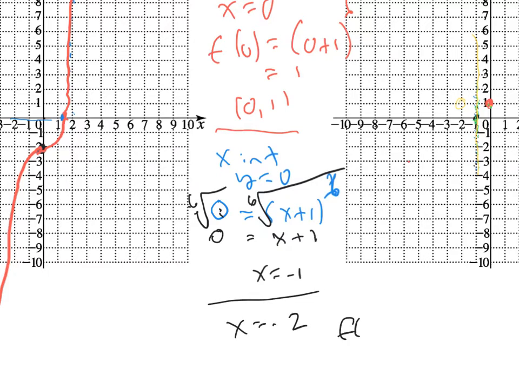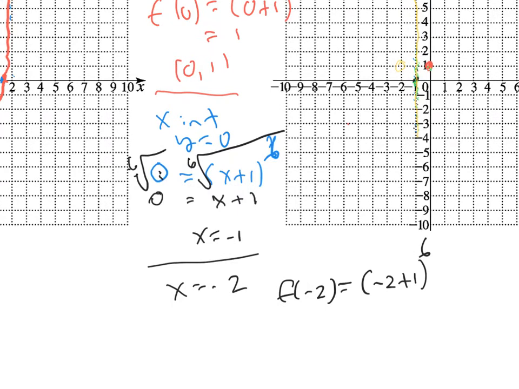So f of negative 2 means negative 2 plus 1 to the 6th power. What is a negative 2 plus 1? That's a negative 1 to the 6th power.